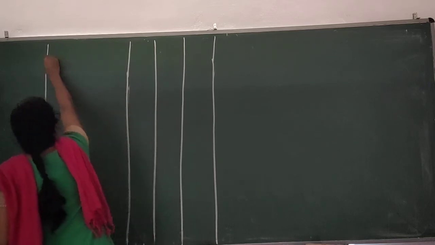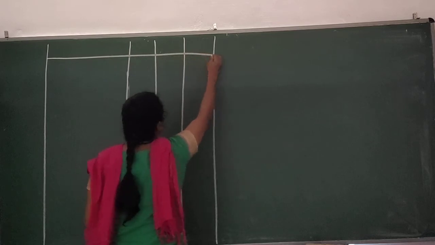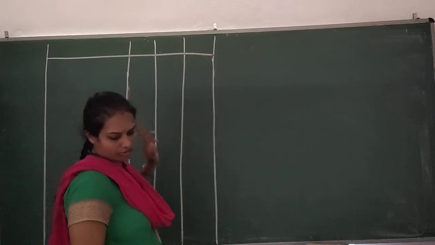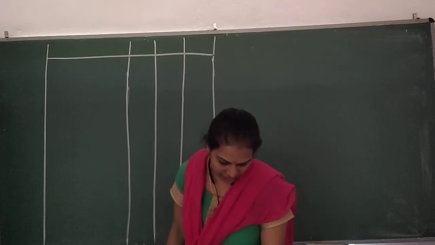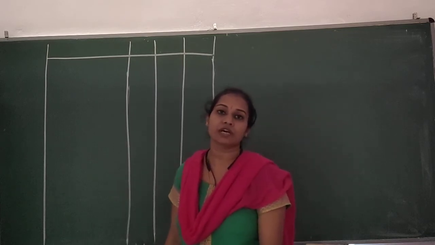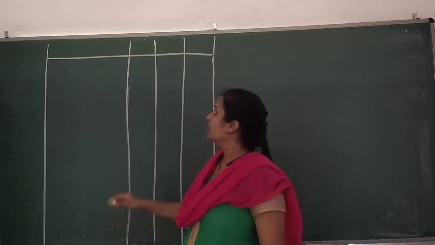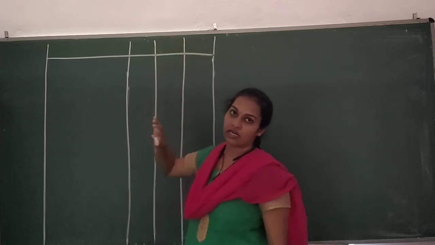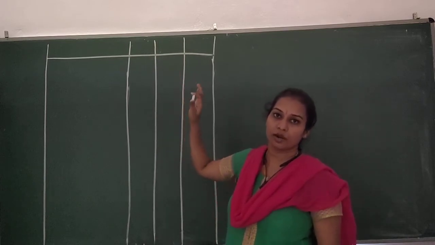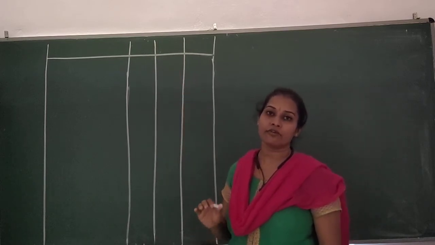First you will write the heading, Mrs. Jyotsna Corporation Limited. For the year, have they given the year? Yes, it is January 2015. And the units produced, you will write in the right corner.